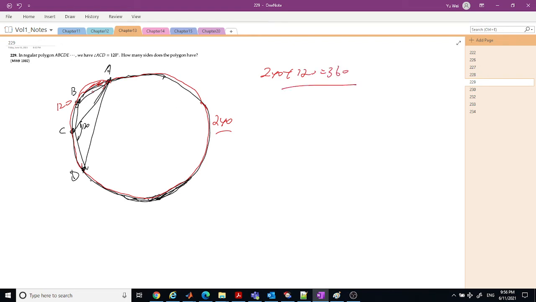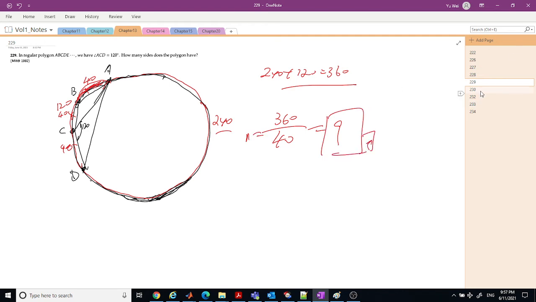That's a circle. So this 120 degrees has been divided into 3 equal arcs, right? So each arc is 40 degrees. So now you can see if each arc is 40 degrees, then 360 over 40 is 9. So we have 9 sides, okay?